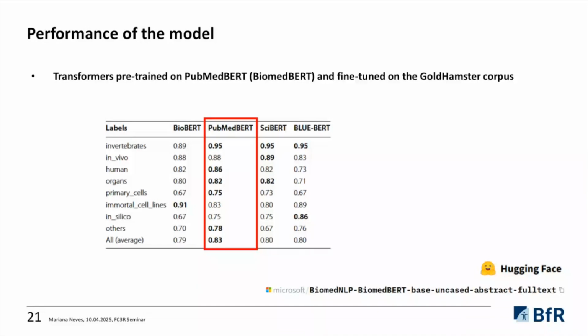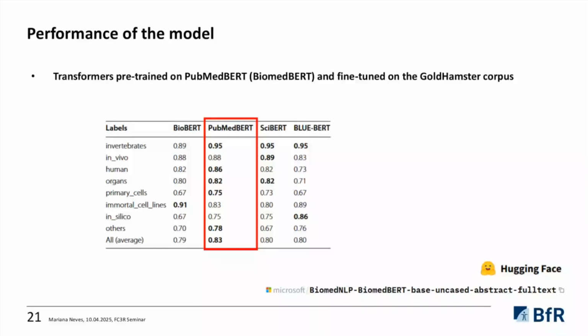So what's behind our model? We used a transformer. It's like neural networks pre-trained, PubMed BERT. I think that nowadays you see a lot of talk everywhere about these large language models. PubMed BERT is a language model.